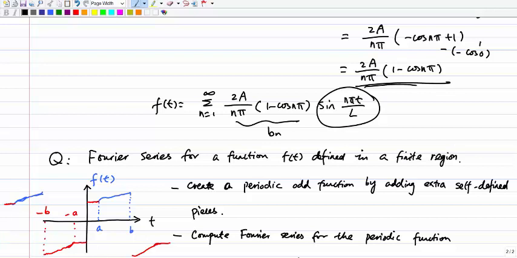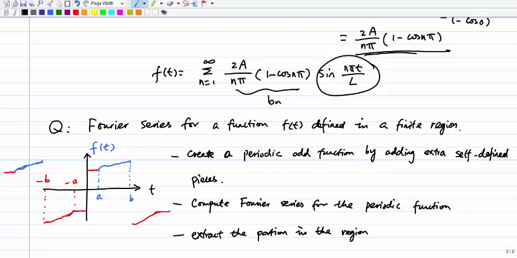So what we can do is, even if this is not a periodic function, because we only know how to write a periodic function into its Fourier series, into basically the sum of sine and cosine functions, I just make it periodic. Of course, I want to use the nice property of even and odd functions, especially odd functions, to simplify the process. For example, this is a function defined from a to b, the function f(t).